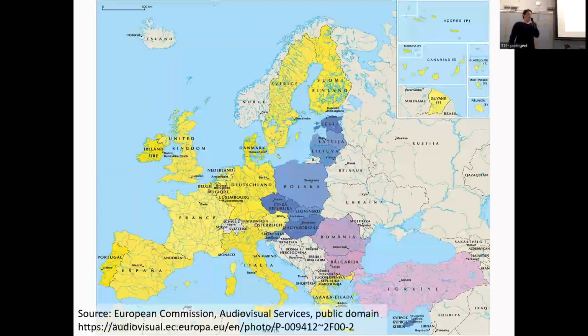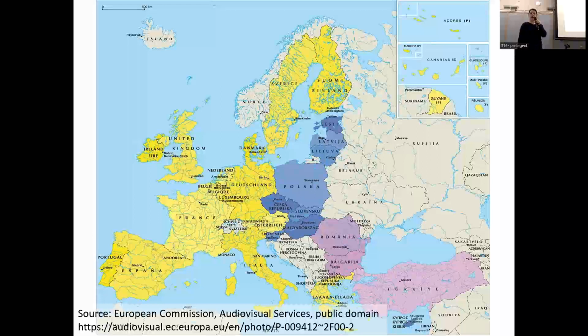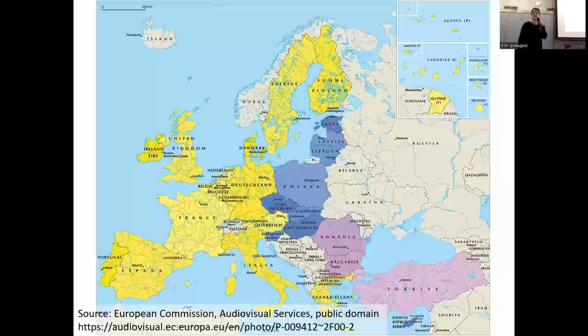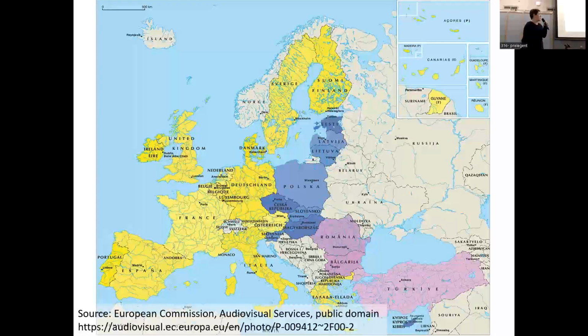That rectangle up there were also some territories belonging to the European Union, depicted in yellow from the very beginning, but never part of the discourse of what it means to be European, of what it means to belong to Europe, or what it means to be part of European civilization.